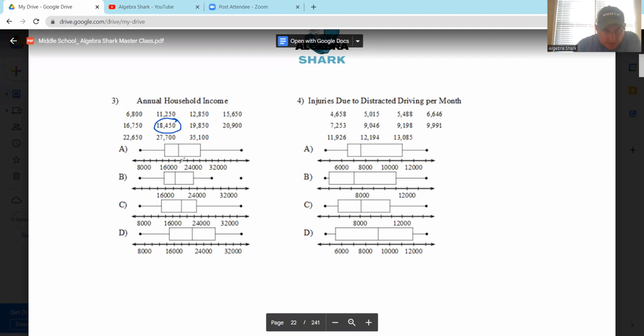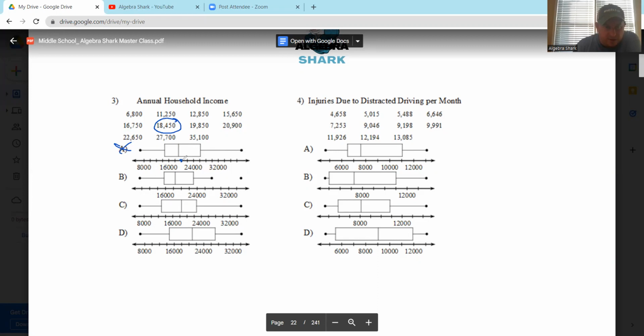It looks like each line is about 2,000 on these number lines. So 18,000 for our median. So 18,000 would be here, right? And it's got to be a little bit more than that. So it can't be A because we have 18,450.